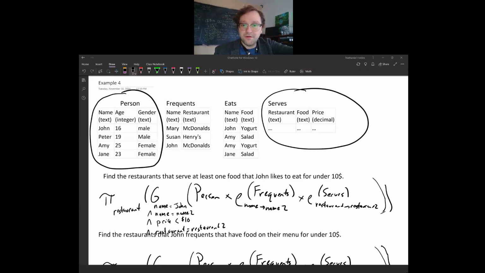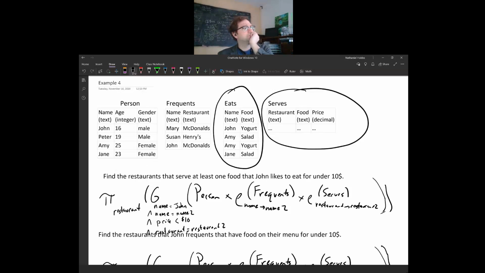Each of their columns are different, and in this case, you want the relations to have a relationship because there's at least one column of information that they share. So yes, here, this is good enough. Yeah, the eats table and the serves table.